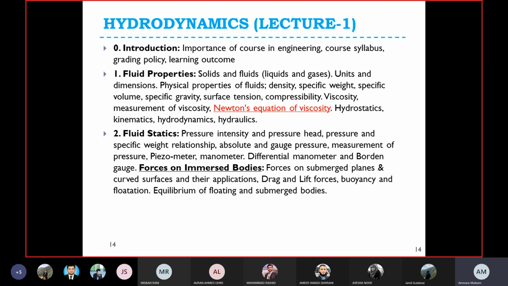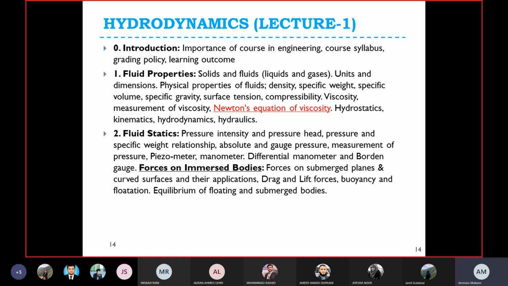Some of the laws for the fluid statics would be applied to fluid dynamics and fluid kinematics. So I have used another two terms, which one is fluid kinematics and the other is fluid dynamics. Fluid kinematics includes the study of velocity and acceleration of the fluid.